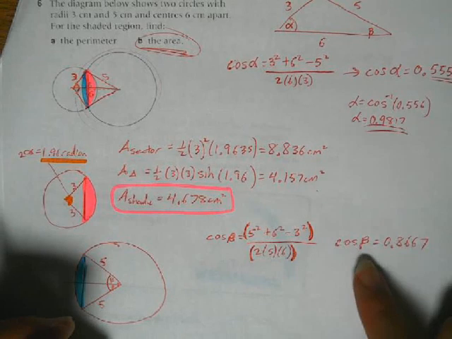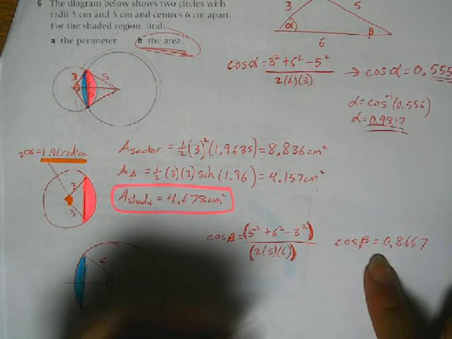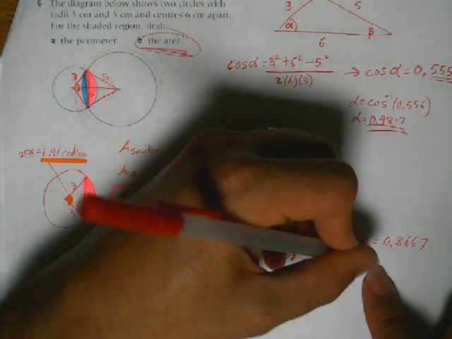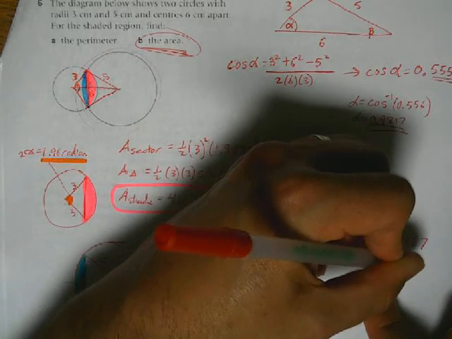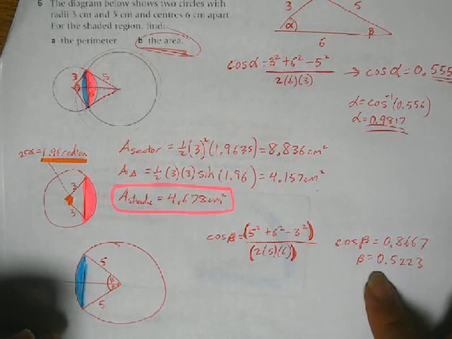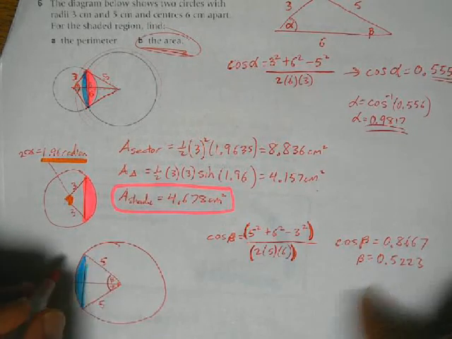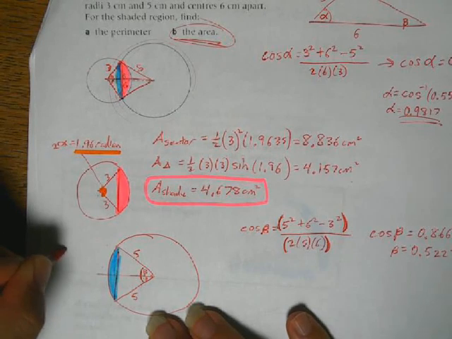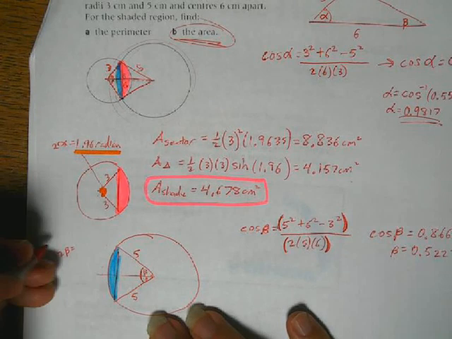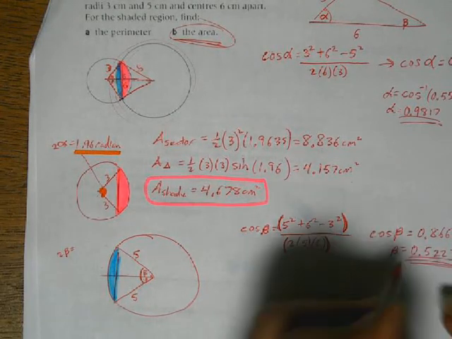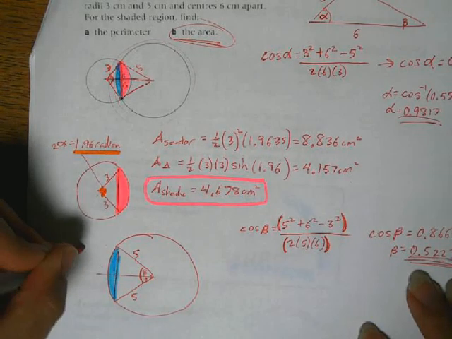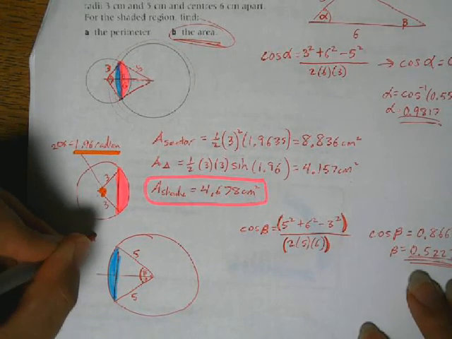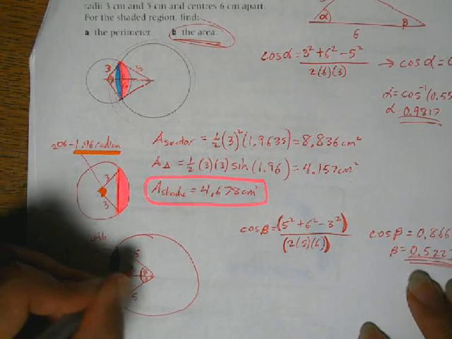And then I do inverse cos, and I get that the beta angle is equal to 0.5223. So 2 beta, if I multiply that by 2, is 1.0446 for this angle right there.